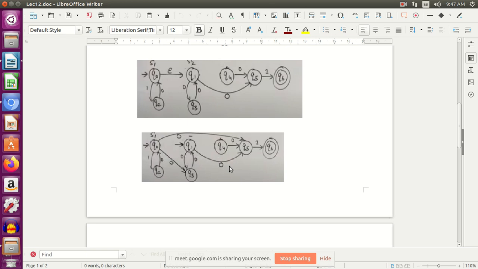But the process I showed you for converting an epsilon NFA to a DFA is a very conventional process. It's there in all the books of automata that we normally read, like Mishra, Chandrasekhar, Peter Linz, everything.